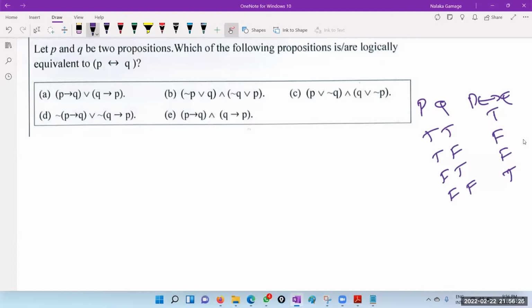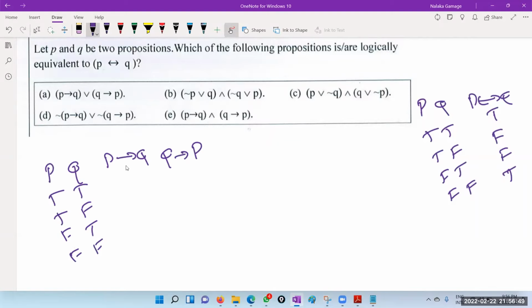Now we have to check which of these options gives exactly the same truth table. So let's do it quickly. P, Q, P implies Q, Q implies P. True, true, true. True, false means false. Remember the truth table?